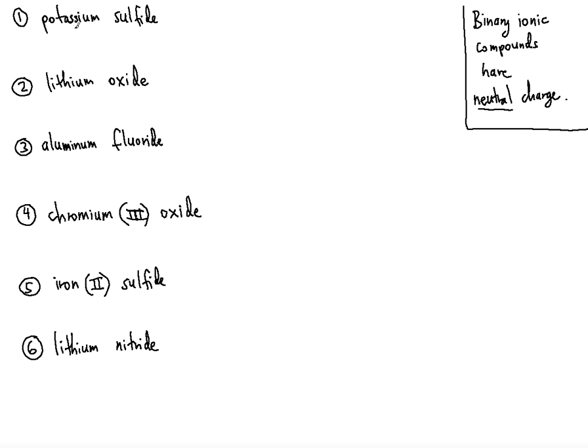So we know that the first one is potassium, and potassium has 1 positive charge, and sulfur has a negative charge, 2 minus.